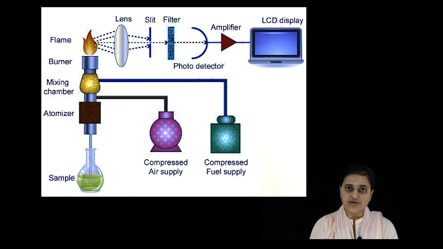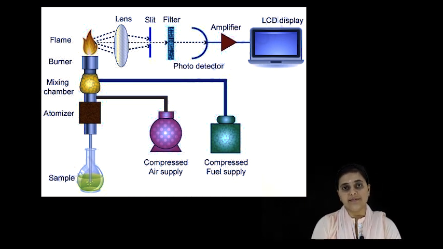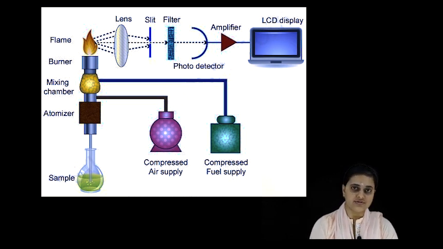While coming back to the ground state, they will radiate, or emit, particular radiations. That is what we are going to measure in the flame photometer. The metal comes back to the ground state to get stabilized, and this process is known as emission.